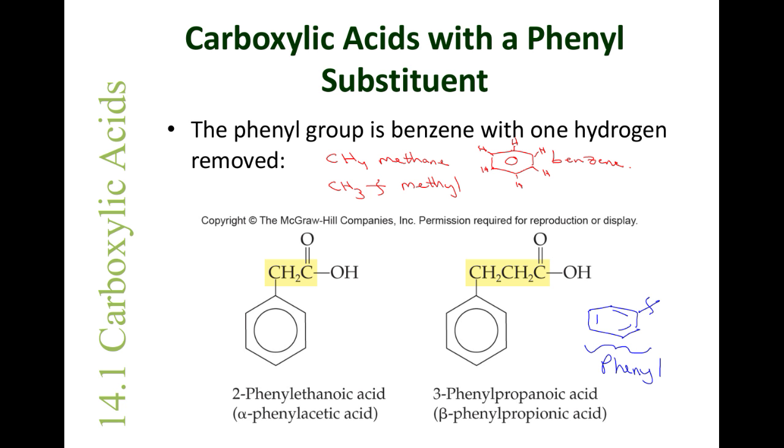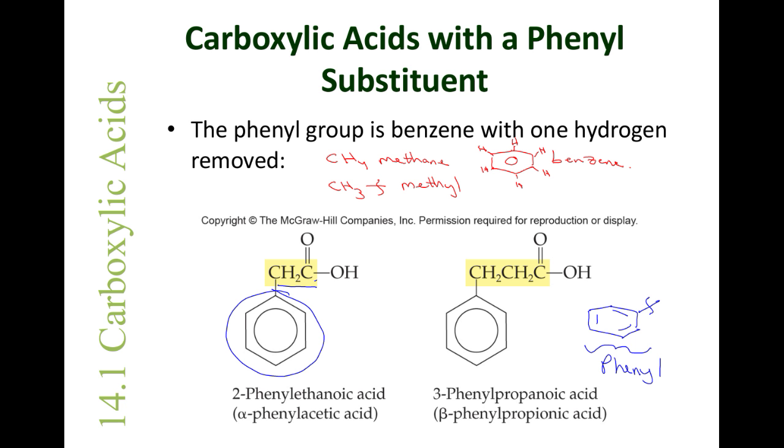So here we have a carboxylic acid with 2 carbons in this chain, so we have 1, 2, so that would be an ethanoic acid derivative, and we have a phenyl group on the second carbon, so we could call that 2-phenylethanoic acid.